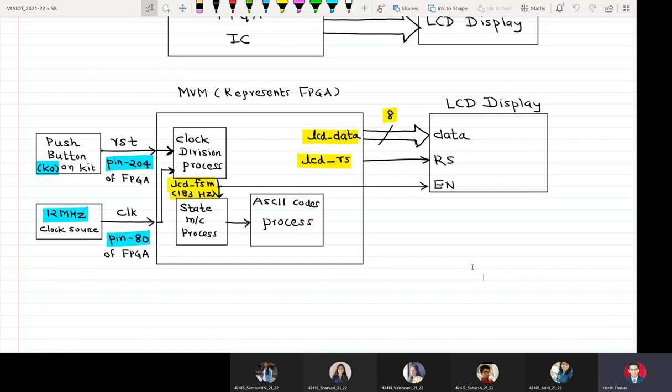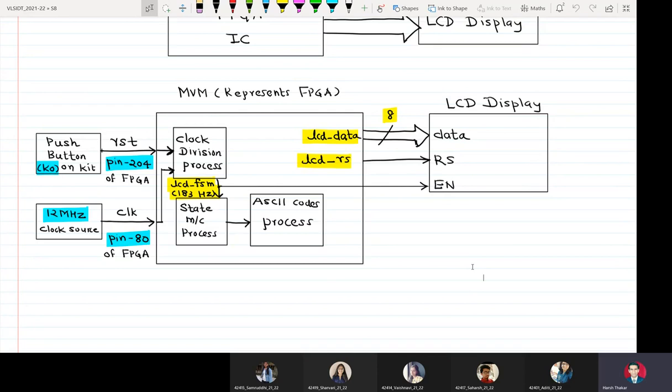That is why in the entity declaration of the MVM we should see the three signals: LCD underscore data, which drives the 8 data input pins of the LCD display, LCD underscore RS, the second output signal, and one more signal called LCD underscore EN. Got the point?